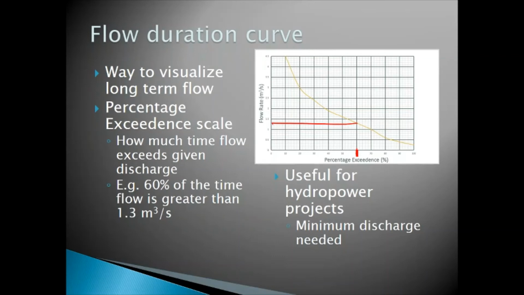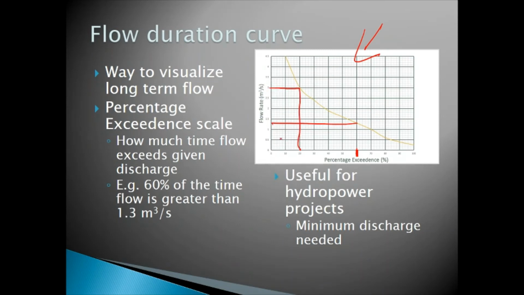Let's say this turbine is cost effective, actually producing enough energy to make it worthwhile, at 3 cubic meters per second. Is this stream, with this flow duration curve, going to be a good spot for that turbine? So look at 3 cubic meters per second.